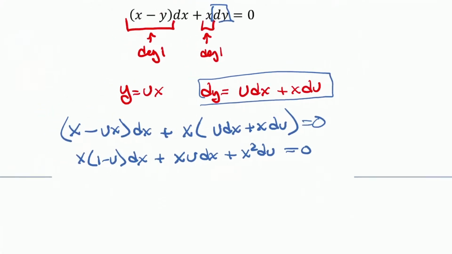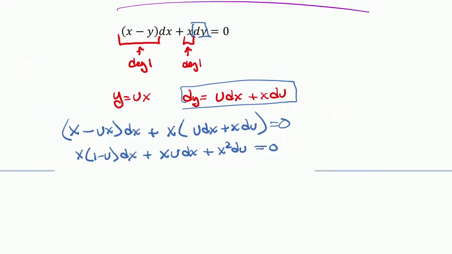So far, so good. I promise you that this is separable, but I'm going to work it through anyway. So this is x dx minus, oh, no. Sorry, what am I doing? I'm unseparating. So x times 1 minus u dx, let me just factor out the dx, plus xu dx.